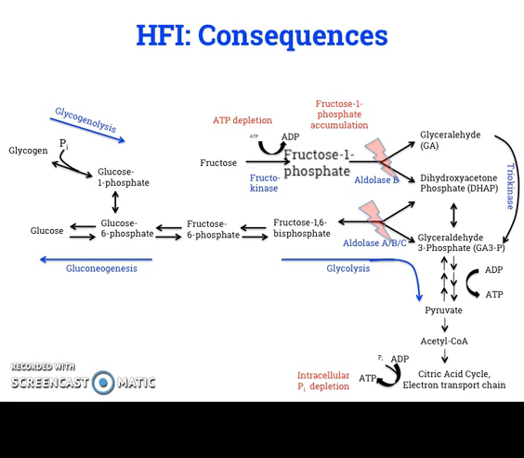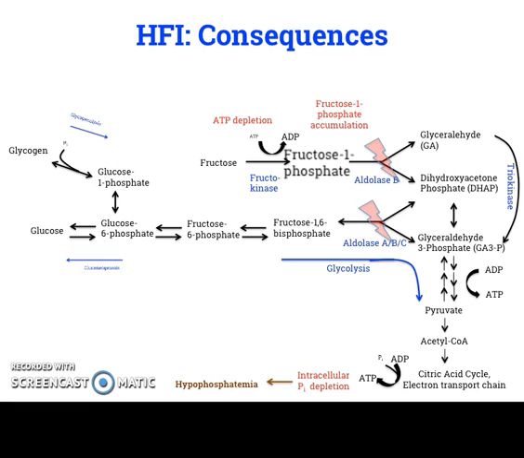Let's now use this diagram to depict what goes wrong and what the consequences are. So first, hypophosphatemia occurs because the liver sequesters phosphate from the serum in an adaptation to the depletion of intracellular phosphate. Hypoglycemia, the other prominent feature following fructose ingestion, occurs because of the inhibition of gluconeogenesis and glycogenolysis. First, ATP and phosphate depletion impair glycogenolysis, which requires these substrates for its phosphorylation reactions to mobilize the glucose.